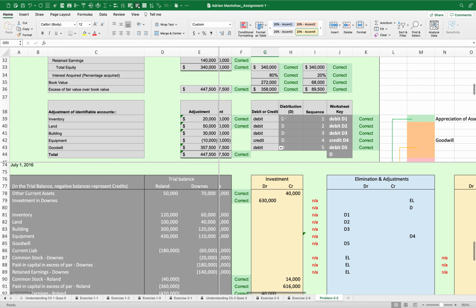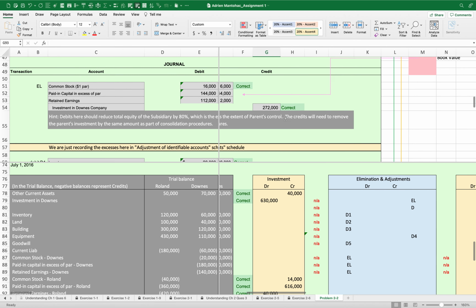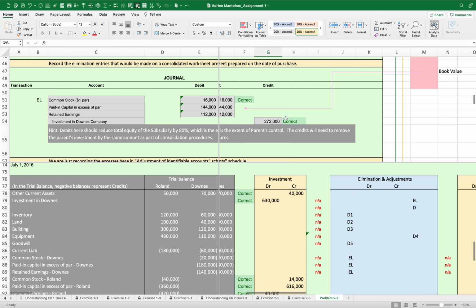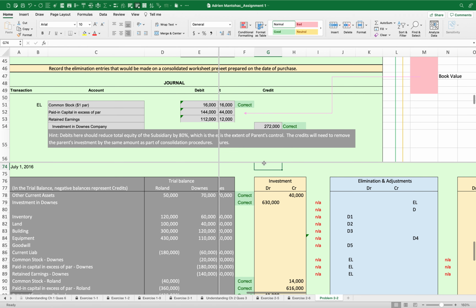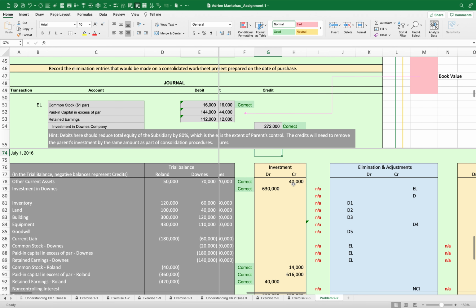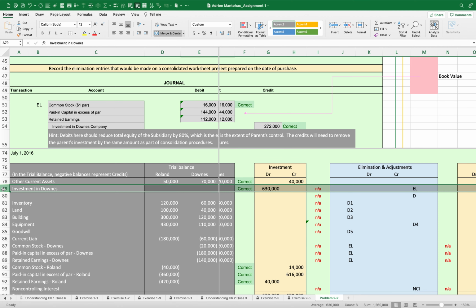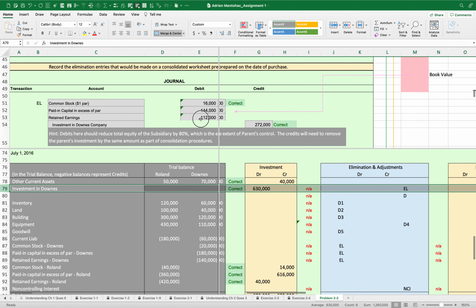The next set of entries that we have begin here. They're aptly called the elimination entries because they help us eliminate the investment in Downs. This is the item we want to destroy completely because we want to absorb all of the subsidiary's net assets, and we don't want to have investments exist at all, which is kind of really what we were doing up here in these journal entries to begin with, right?